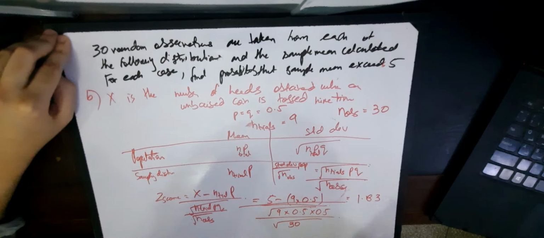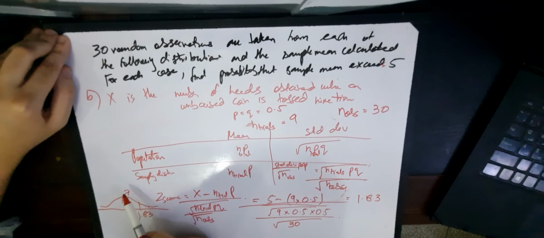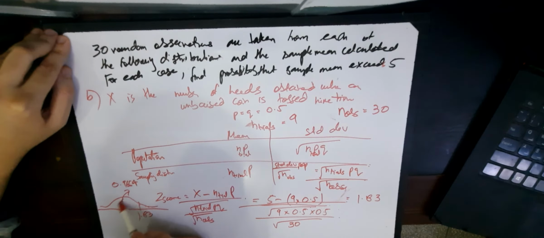This will come out to be around 1.83. We have to do exactly the same thing that we did in the last example. I'll locate 1.83 on the z table and find the value for this part of the graph, which is equal to 0.9664. I have to compute the area above, so I'll do 1 minus 0.9664.